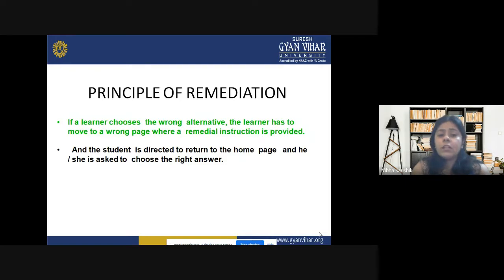The learner has to refer to those instructions and is directed to return to the home page. The home page will have all the information, content and subject matter, and the learner is asked again to choose the right answer, the correct response.